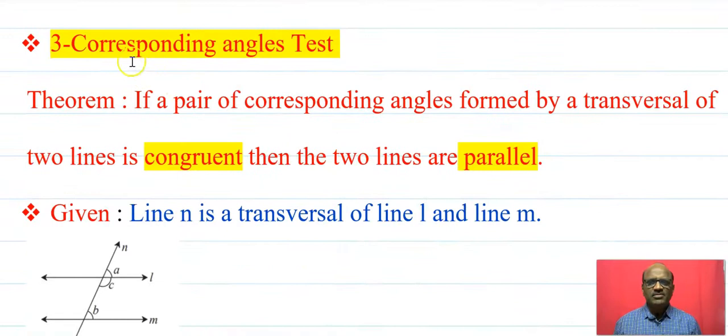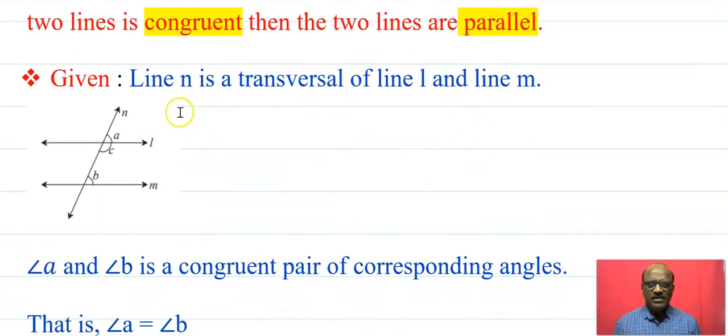Now the third is the corresponding angle test. It means that if the corresponding angles are congruent, then the lines are parallel. If a pair of corresponding angles formed by a transversal of two lines is congruent, then the lines are parallel. Here line N is a transversal of line L and line M. Here angle A is congruent to angle B. This is given.